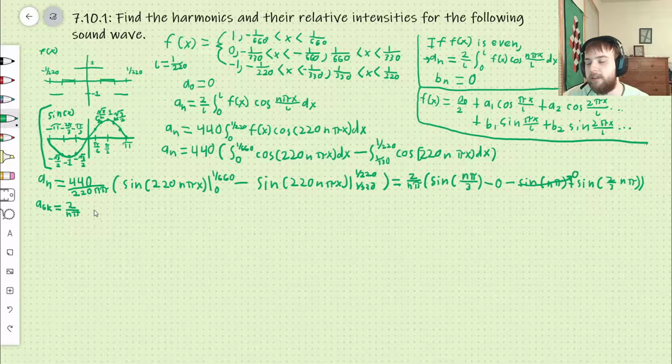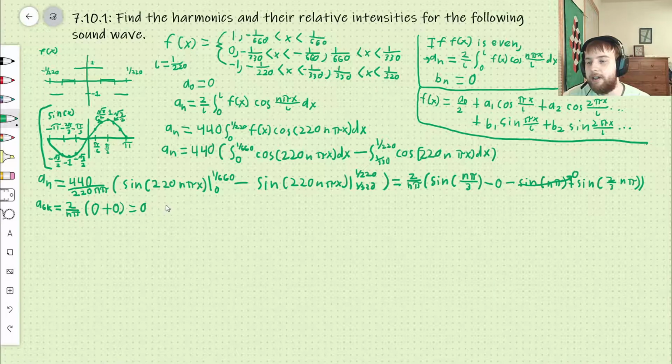I could say 6k, but I don't feel like it. So when n is a multiple of 6, what do we have here? We have a multiple of 2 pi on here, and we have a multiple of 4 pi in here. Remember what we said about multiples of pi? For multiples of pi, sine is 0. So we have a 0 plus a 0 equals 0.